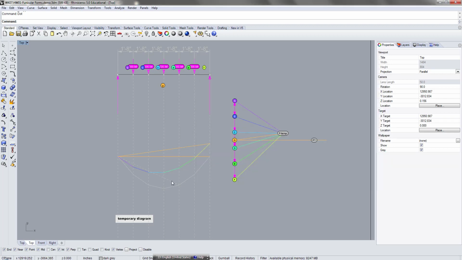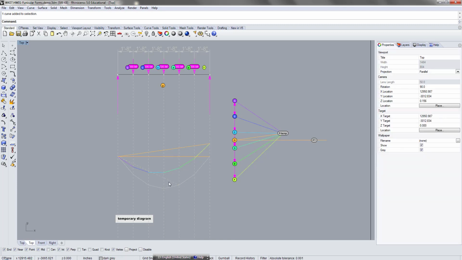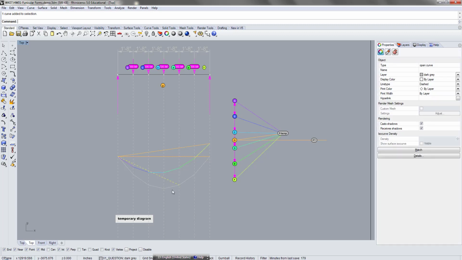So that's good. Another line here is what's connecting the left end to that point right here, which is the intersection between the funicular curve and this vertical line.